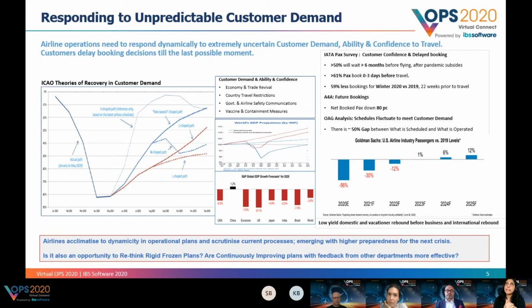Or why is the manpower plan not improving by receiving continuous feedback and not being a frozen plan 6 months ahead or a year ahead, not changing much? Take continuous feedback from the tracking phase, pairing and rostering phase, and keep improving. So those kinds of interesting thoughts are coming out of this unpredictable demand responsiveness.